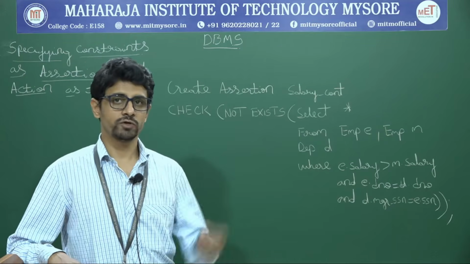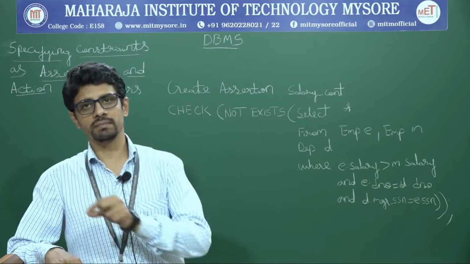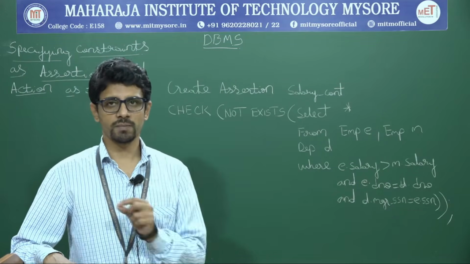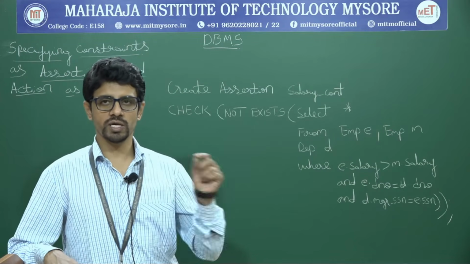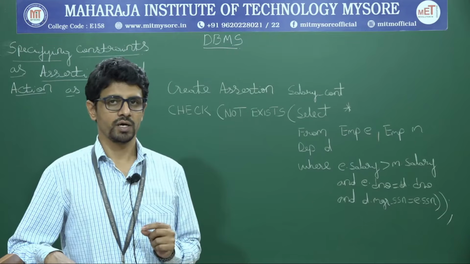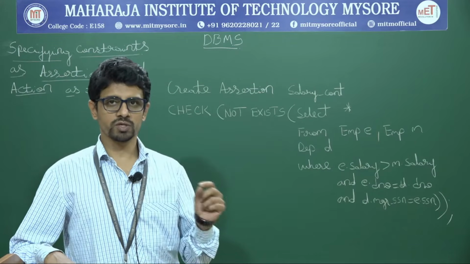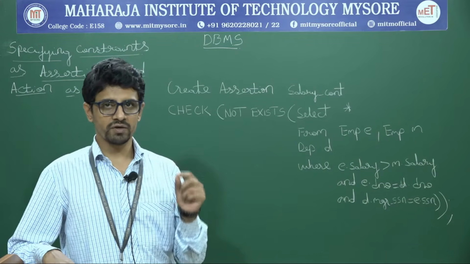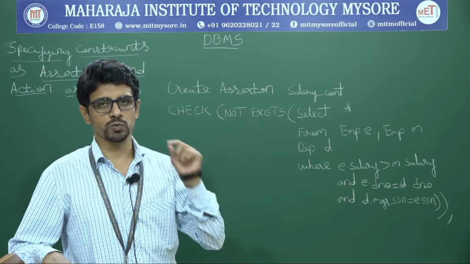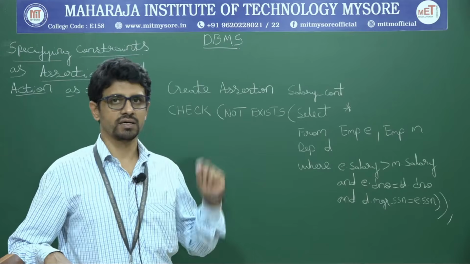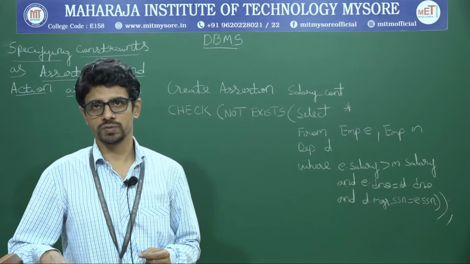What happens about 2 now? 2 will be present in the department table's MGR SSN and 1 is not present in the MGR SSN of the department table. Means what? 1 is not a manager, only 2 is a manager. Okay. Now if 1 and 2 both belong to the same department number, I need to find out if the salary of employee number 1 is less than that of employee number 2. If that is the case, then the assertion holds good.